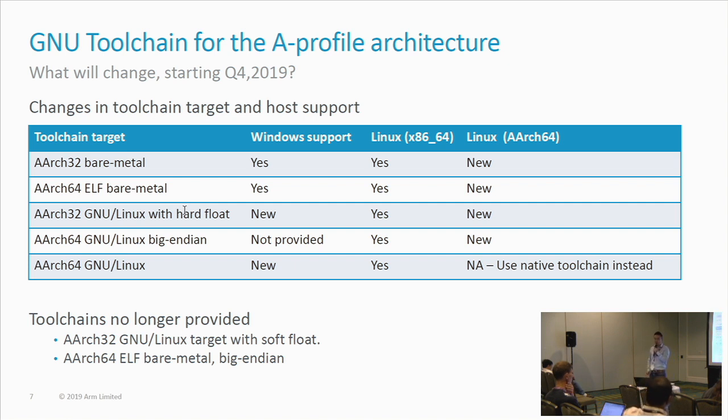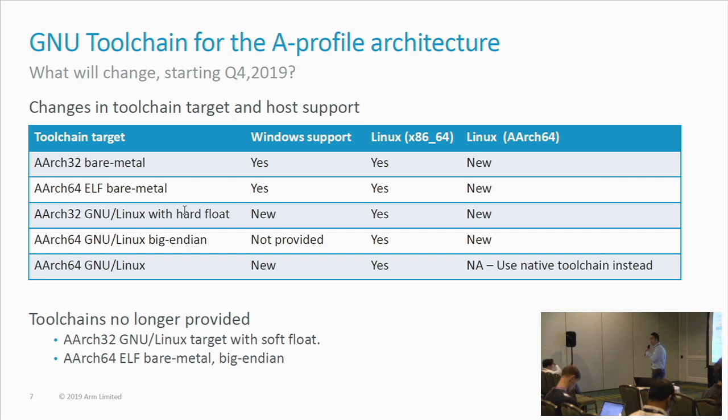We also dropped the bare metal big endian because there is literally no usage of bare metal big endian. What we're going to add is the AArch64 host machines. Most of the toolchains will have an AArch64 Linux host binary, except for AArch64 to AArch64 Linux, because that's literally the native toolchain.